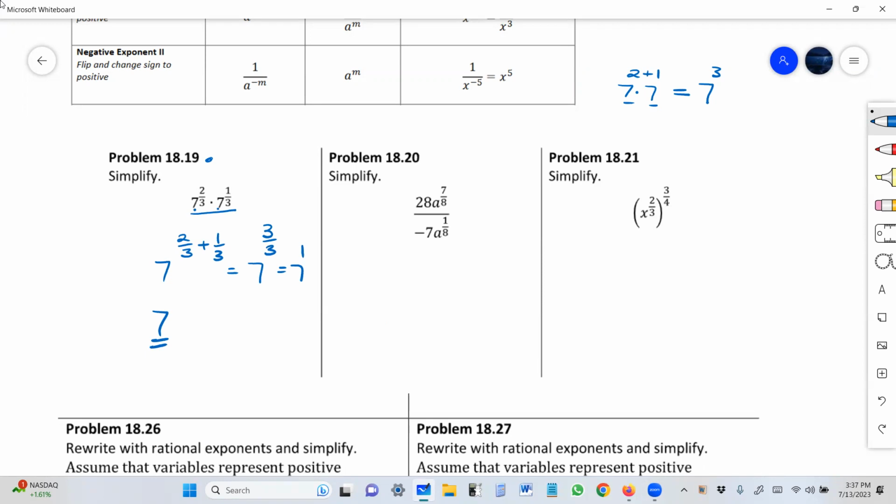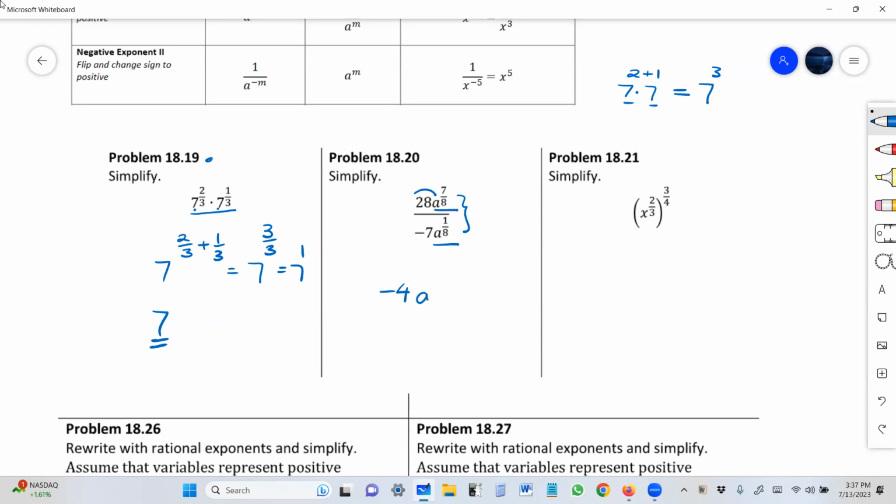Second case. So this is very similar to something that we've done before. We'll handle the number. So 28 divided by minus 7 is minus 4. And then we'll handle the rational exponents. And in this case, we have to apply the quotient rule.